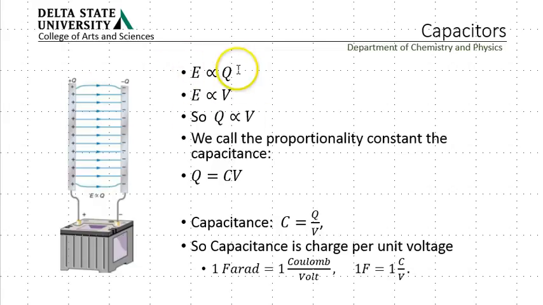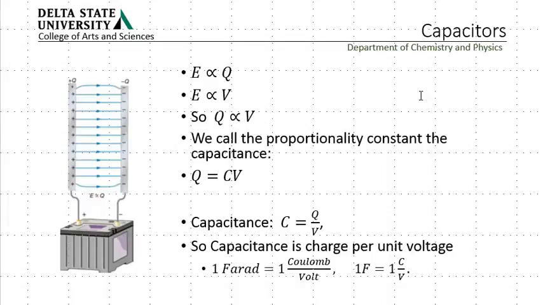So if E is proportional to Q and E is proportional to the voltage, then Q is proportional to the voltage. That little symbol here means proportional to. We call the proportionality constant the capacitance. Q equals CV, where C is the capacitance, Q is the charge, V is the voltage.